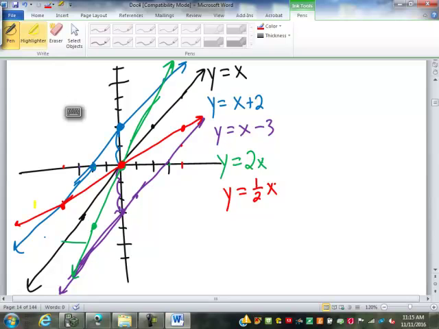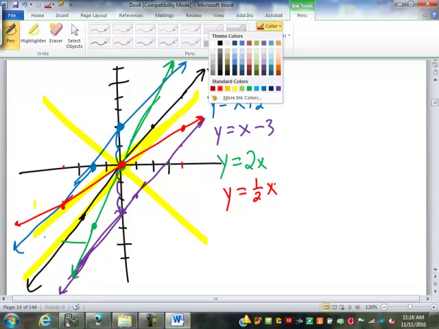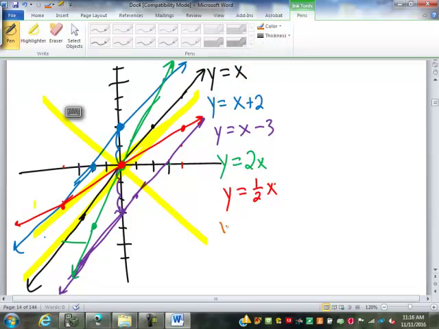So far, all of these lines, as we move from left to right, have gone up on our graph. How do you think I'd make a line go down? Let's try multiplying by a negative number. If x is 0, of course, anything times 0 is still 0, so it still goes through the center.